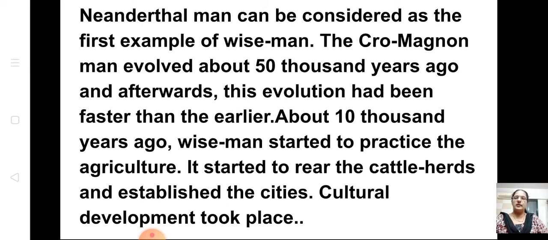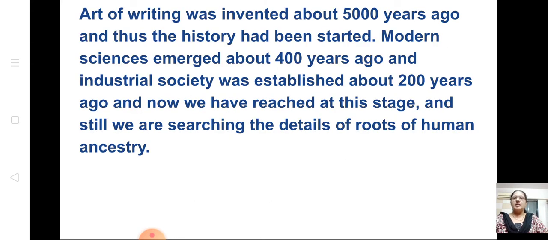Then the art of writing was invented about 5,000 years ago, and thus history started. Modern science emerged about 400 years ago, and industrial society was established about 200 years ago. Now we have reached this stage, and still we are searching for the details of the roots of human ancestry.